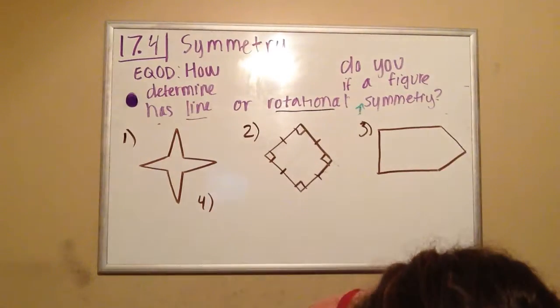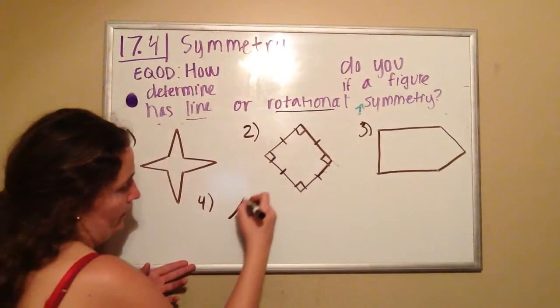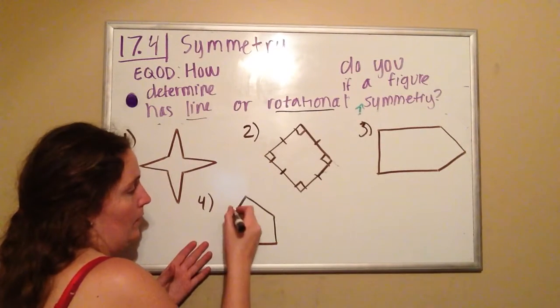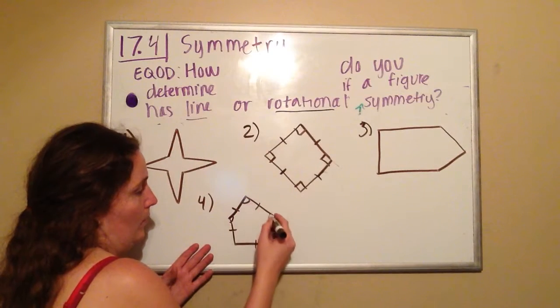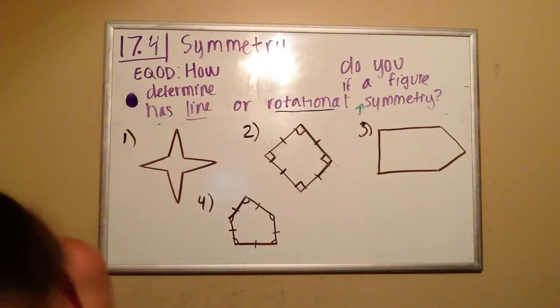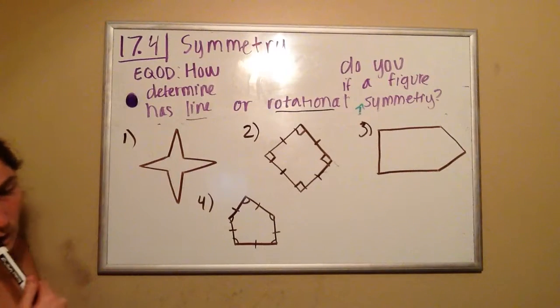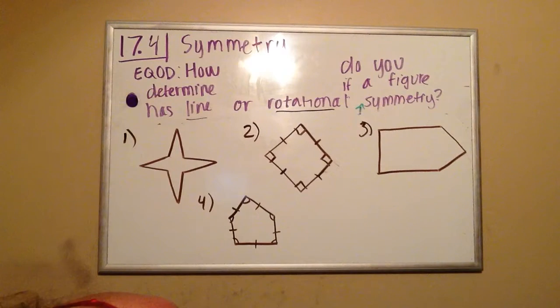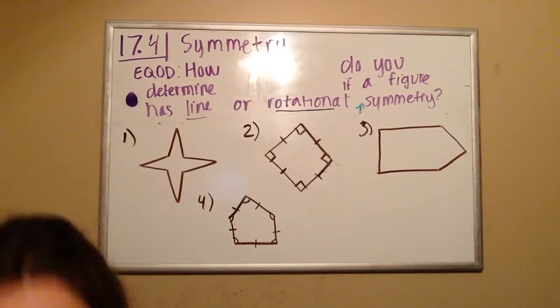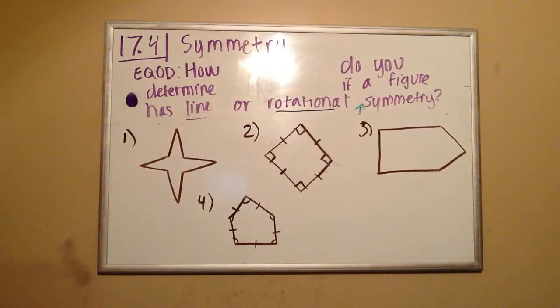Fourth one. Alright, so you're telling me line symmetry and rotational symmetry for these four on the left-hand side.